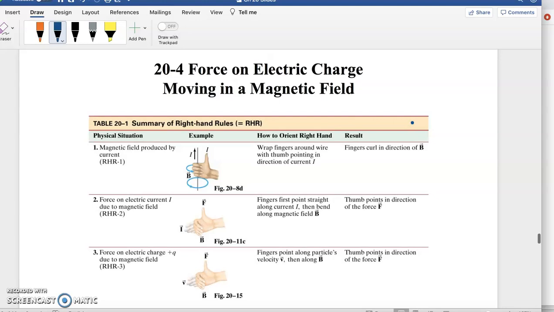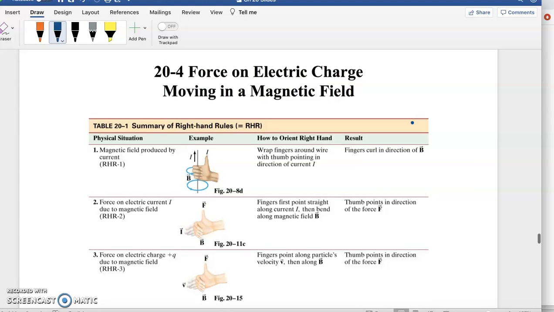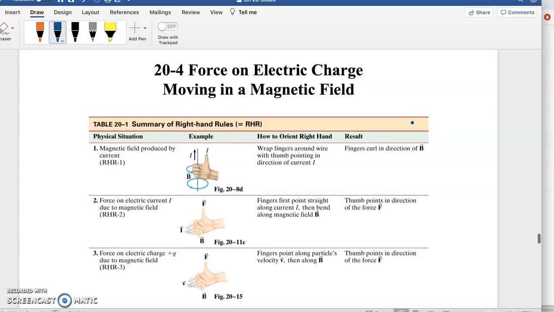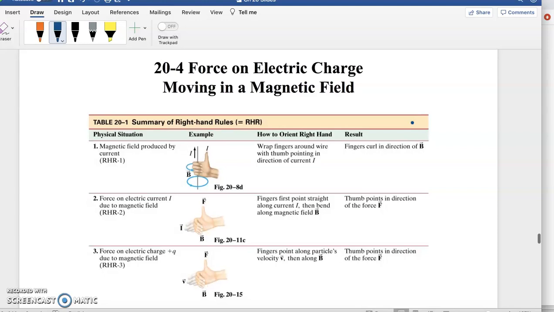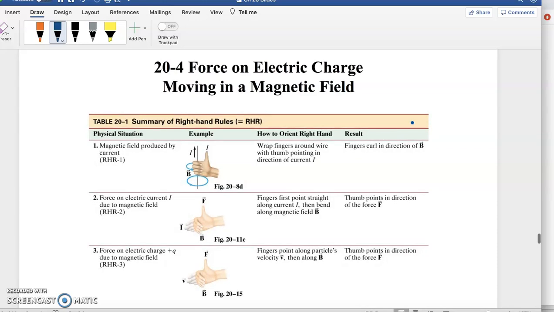Now, I just mentioned that F is equal ILB sine theta and F is equal QVB sine theta. These both are only to calculate the magnitude of the magnetic force. All right, one on the wire, on the current, and the other one on the moving charge.